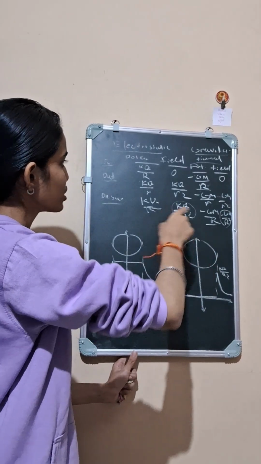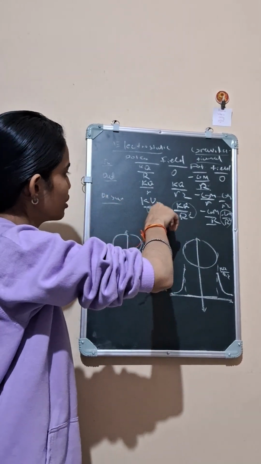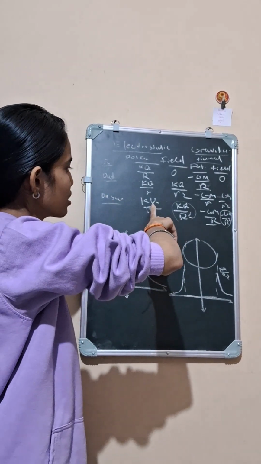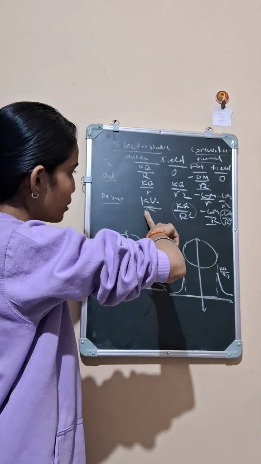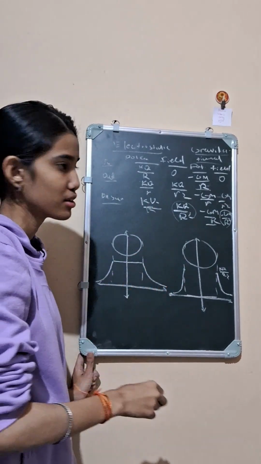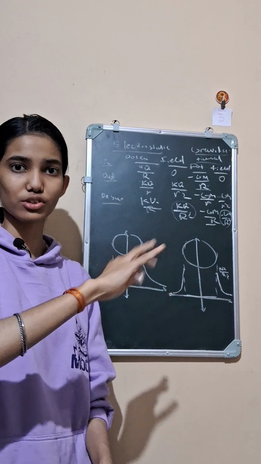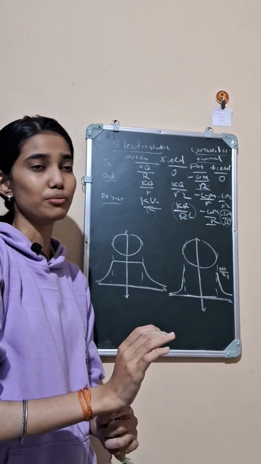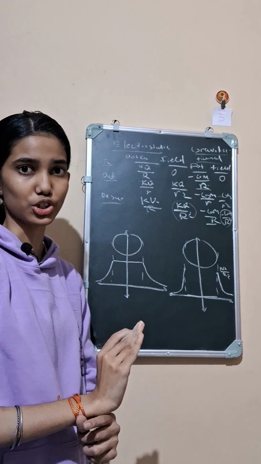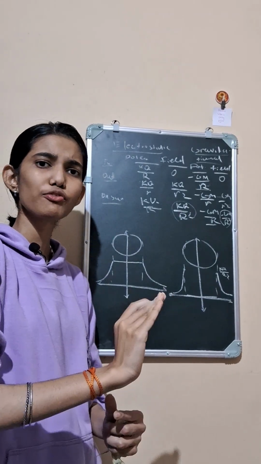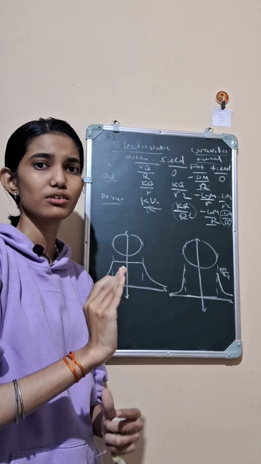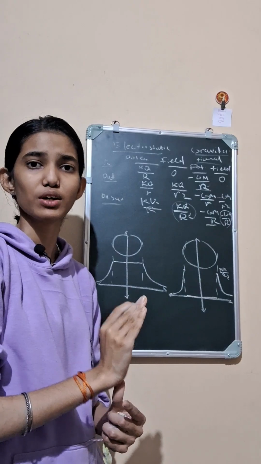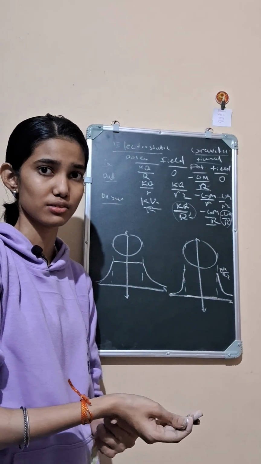Suppose we know that here the value of potential is kq by R on the surface, right? Means for the whole sphere, on the surface there will be kq by R potential. Every point on the surface has kq by R potential, means it is an equipotential surface.